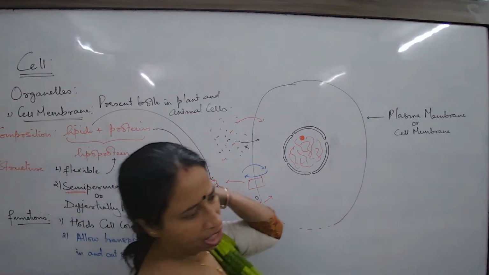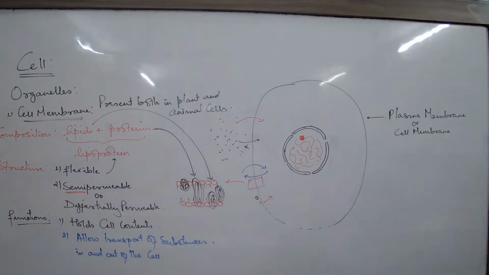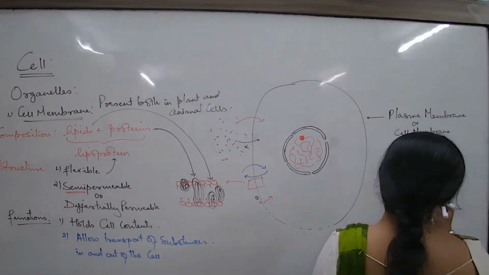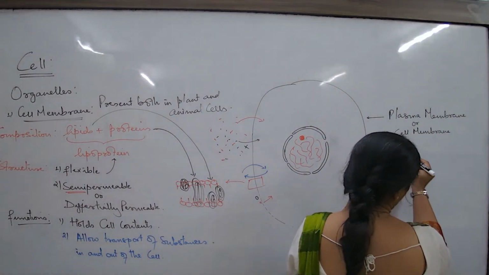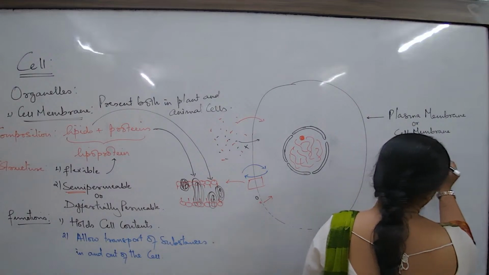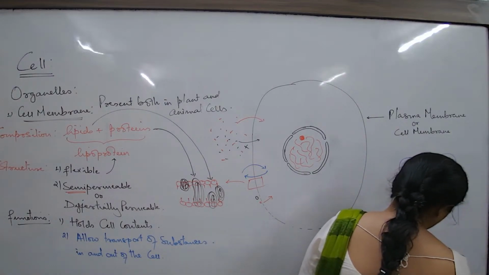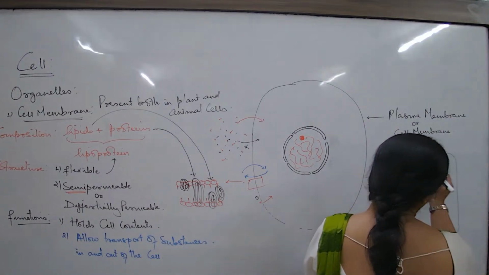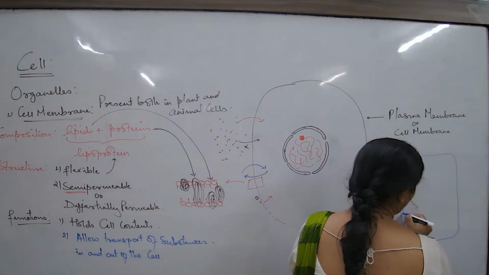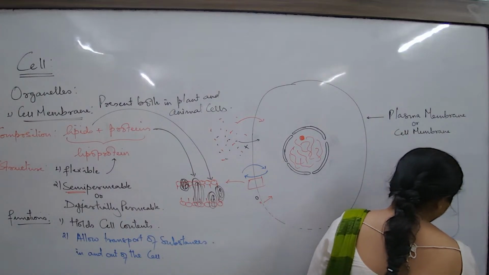Now, this plasma membrane that we are talking about, where is it present? What is its special function, structure, etc.? If I have to draw a plant cell, I just mentioned that the plasma membrane is present in both the plant and the animal cell.